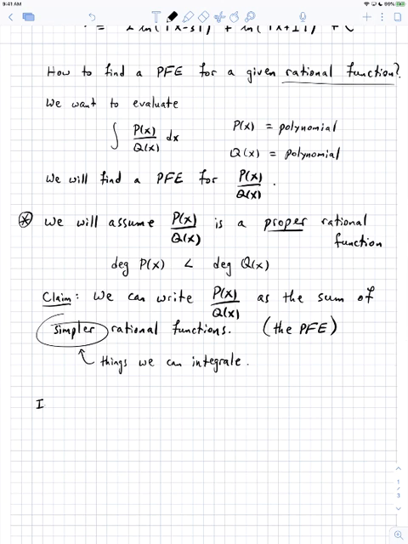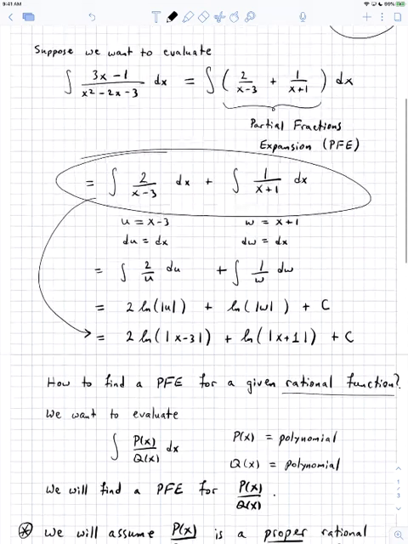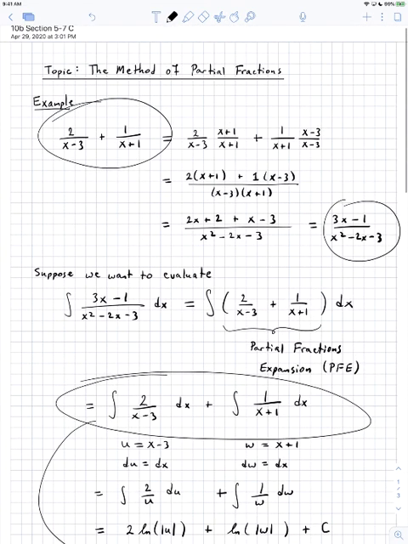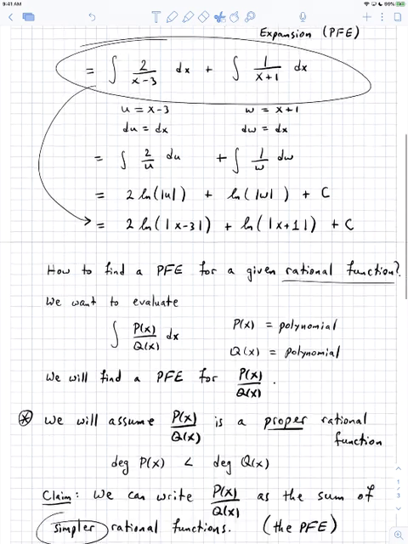So in our example, we actually worked backwards. We started with two fractions and added them together. That's what we had here. So we started with two rational functions that we added together to get 3x minus 1 over, let me just copy it because we're going to need it down here.